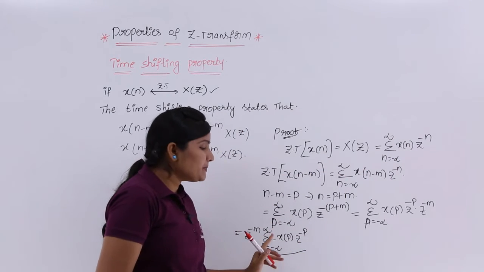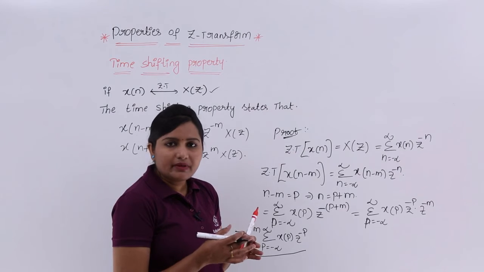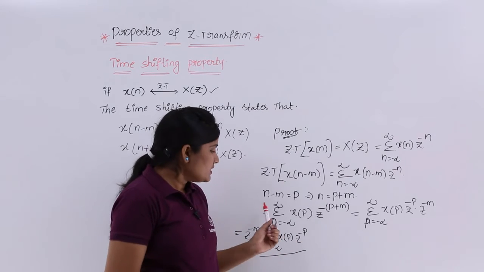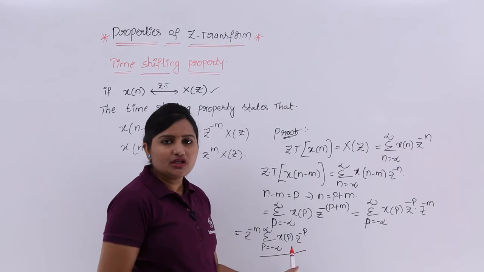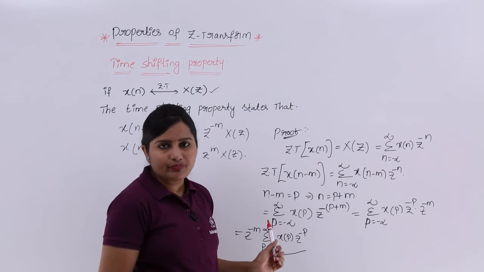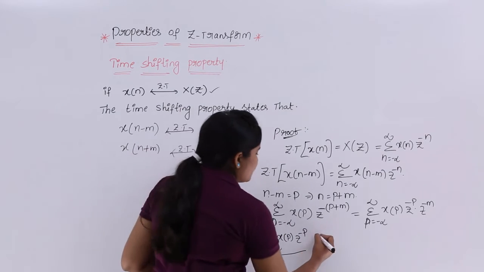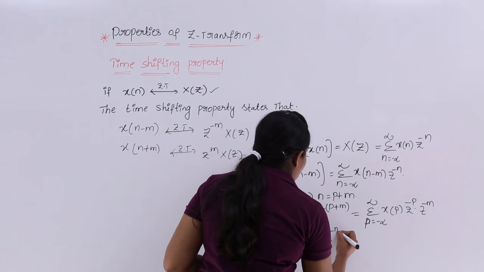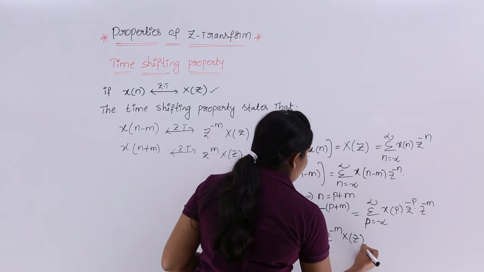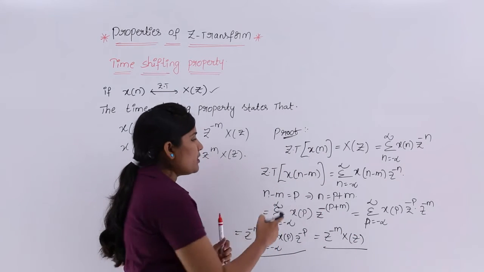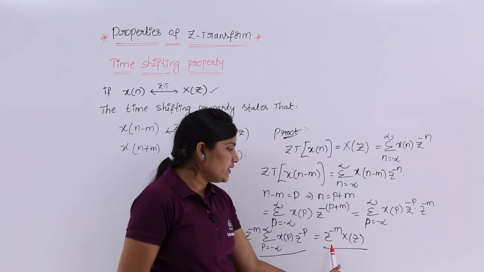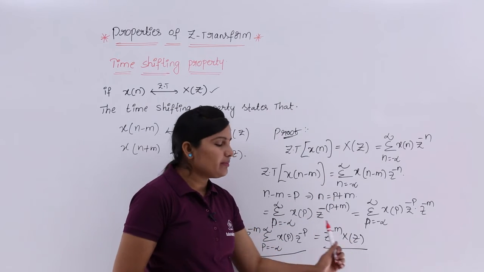If you replace p with n, this is again the equation of the Z transform of x. So you can write this as z power minus m into x of z. We proved that the Z transform of x of n minus m is z power minus m into x of z.